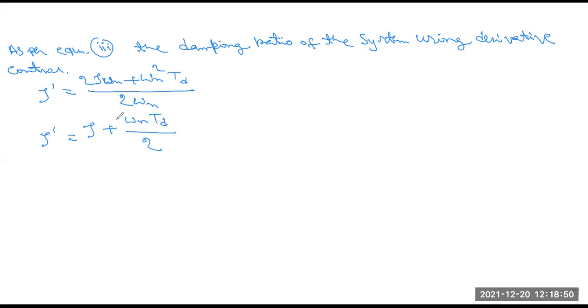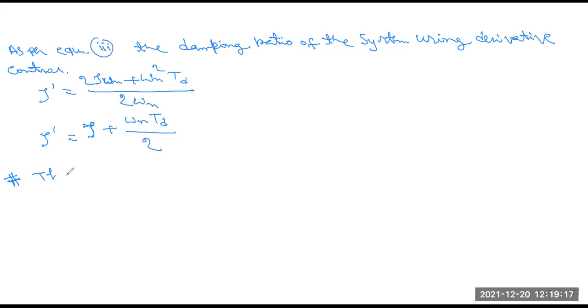The simplified equation is zeta plus omega_n T_d by 2. Is it clear, all of you? Yes, sir.